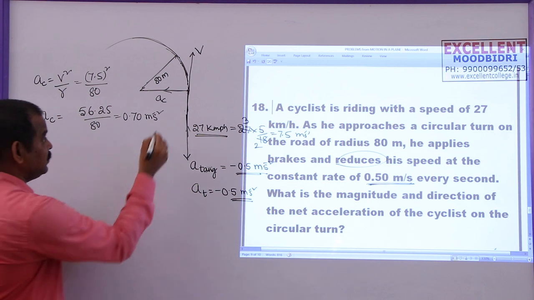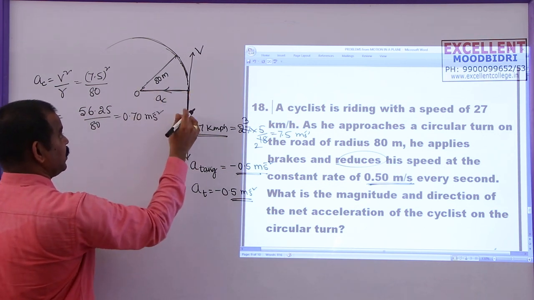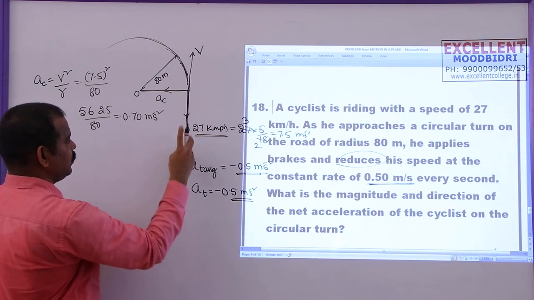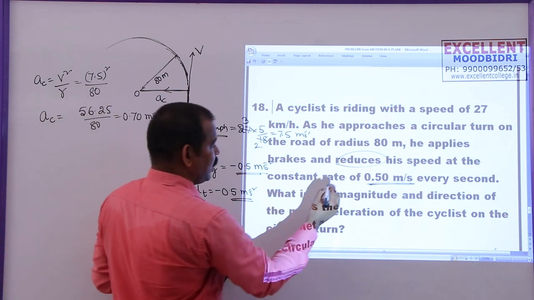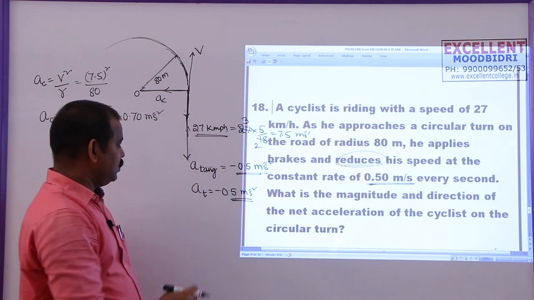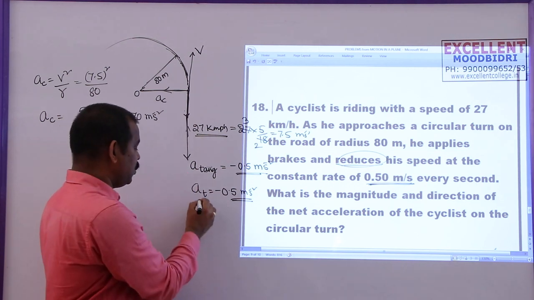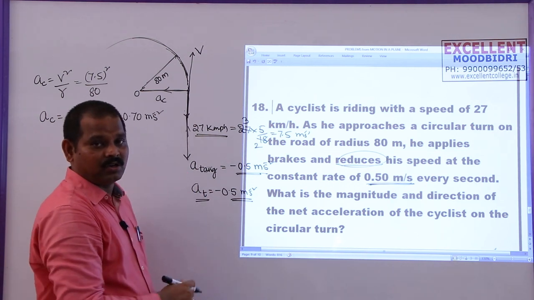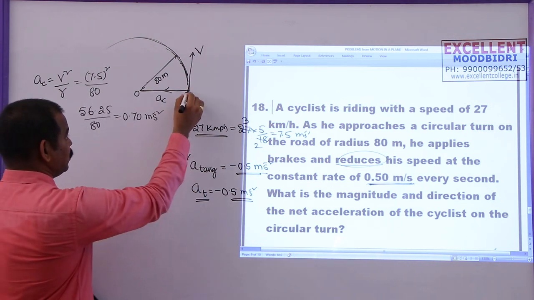So I got two accelerations. One is acting towards the center O, one is acting opposite to the initial velocity, that is when it is moving along a straight line. Why is it opposite? I am telling once again, as the speed is reducing, this is a negative acceleration, which is opposite to the direction of the velocity. We call it retardation. In this case, the tangential acceleration is retardation.